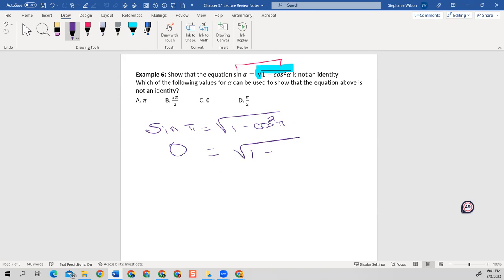So now I get 1 minus cosine squared. Okay, let's plug in.